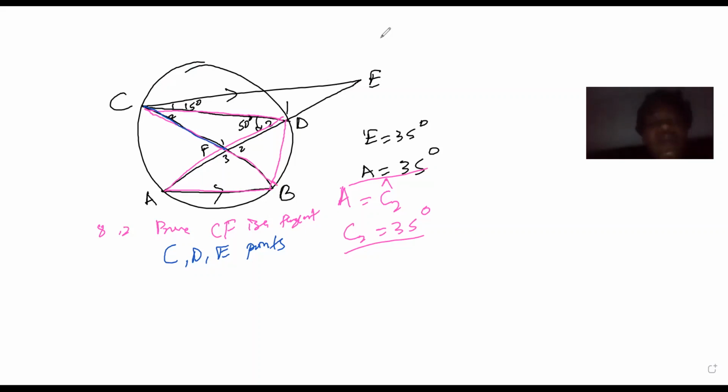Okay, so let's see how we're going to do that. Remember, with the tangent, there are a couple of theorems. A tangent is always perpendicular to the radius, but we don't have a radius, so that won't help us. The other one: an angle subtended by a tangent and a chord is equal to the angle in the other segment. We have that here.